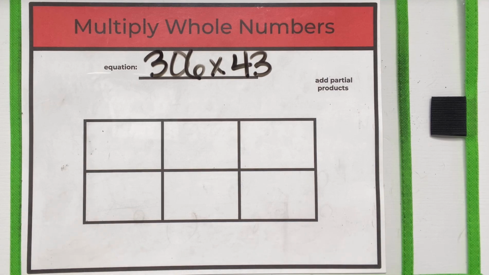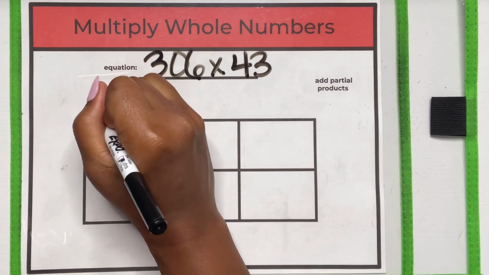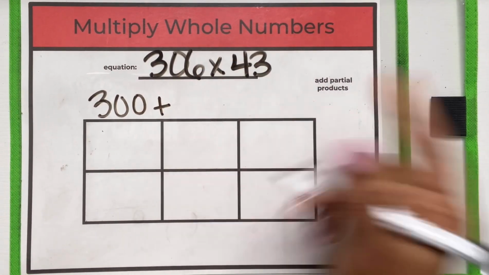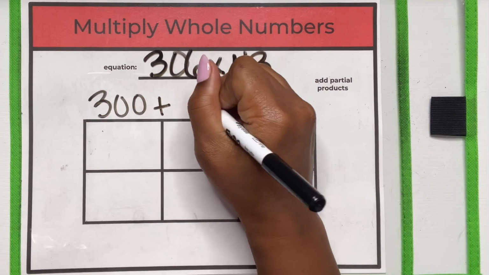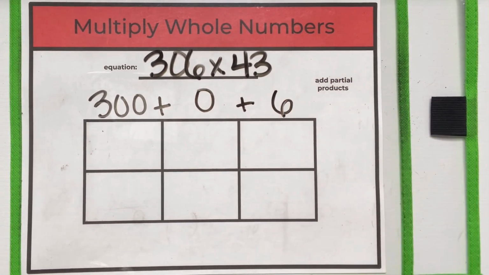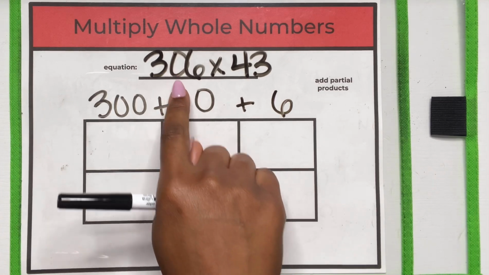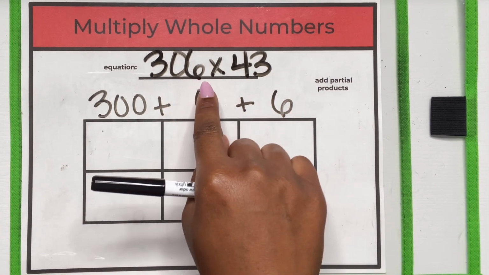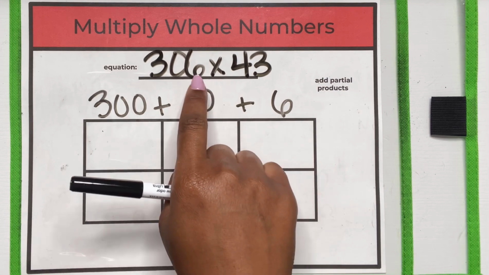Step 1, we're going to put it in expanded form. 300 plus, there's no value here, right? So 0 plus 6. Do not make the mistake and leave this out or say the incorrect value of the 6. That's not 60. That is 6.